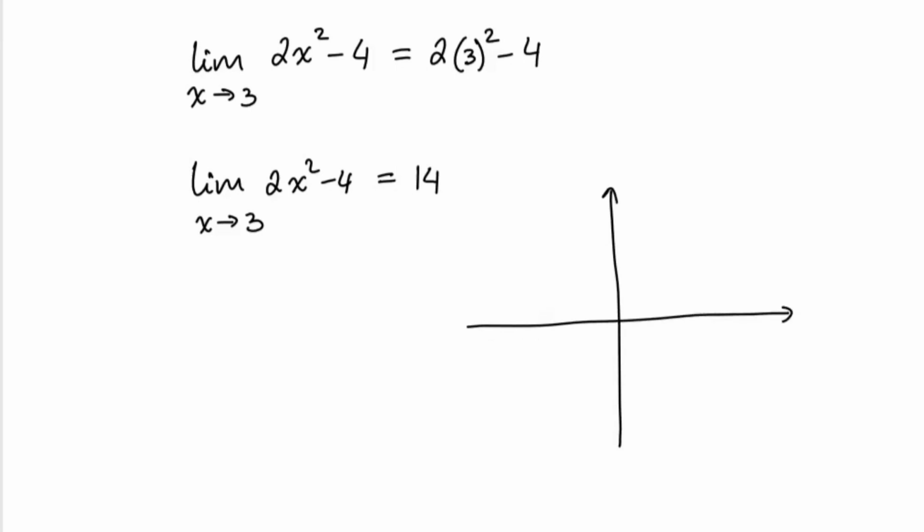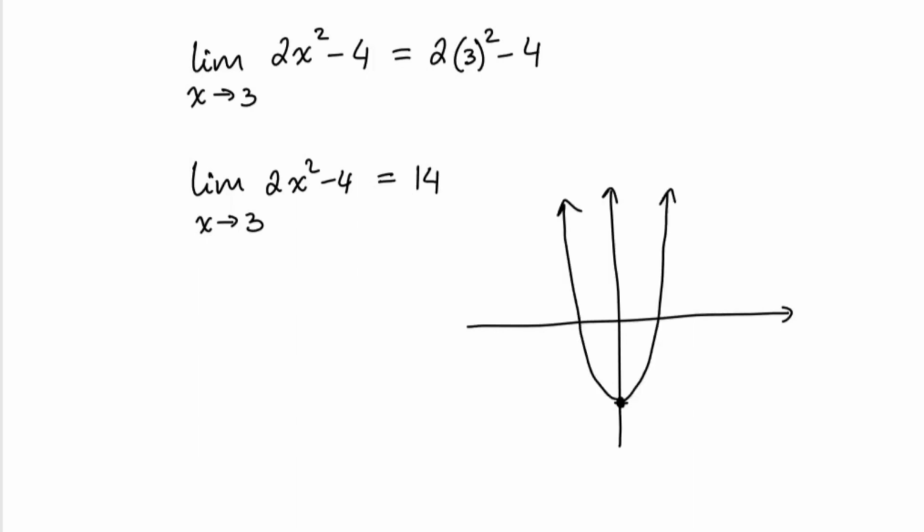What does it mean in terms of the graph? This is a quadratic function, 2x squared minus 4. The vertex is shifted down 4, the parabola opens up, and it has a vertical stretch of 2.